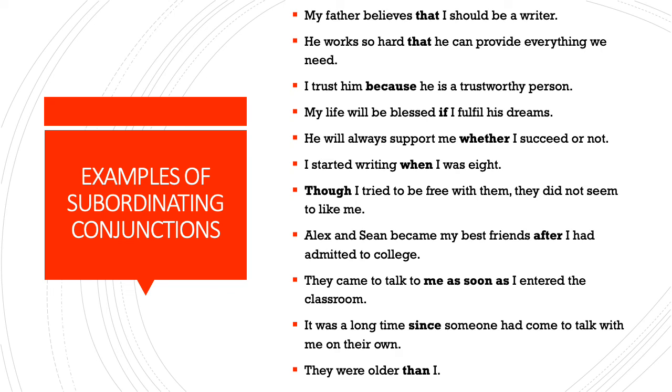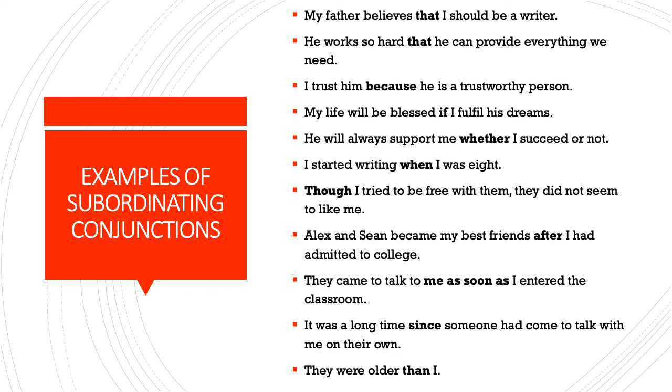When I was 8 is incomplete. Why? Because it is a dependent clause and the meaning of the sentence is not complete. It is only when I add it to I started writing that its meaning is complete. So I started writing when I was 8 is the complete sentence. Though I tried to be free with them, they did not seem to like me.